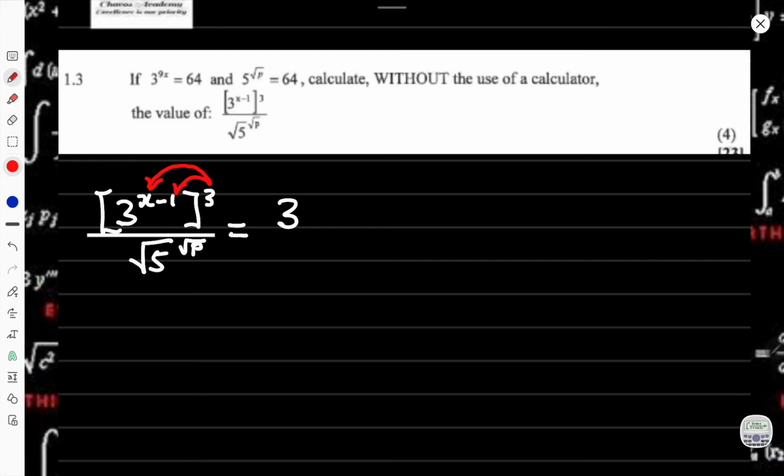Let's see what we're going to get: 3 to the power 3x minus 3, over, we can simplify square root 5 to 5 to the power half, and we have square root p.